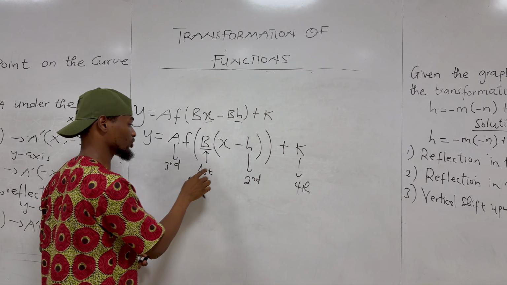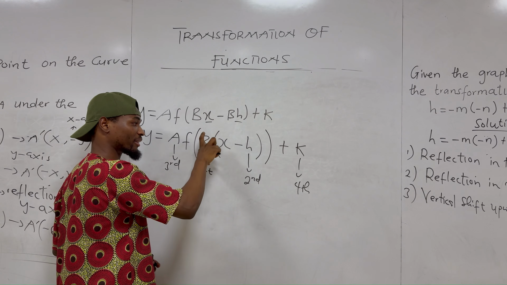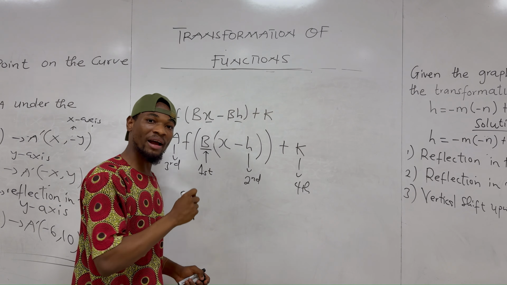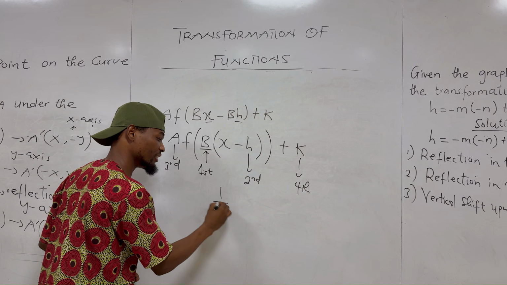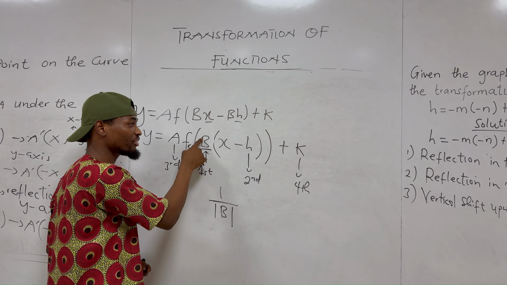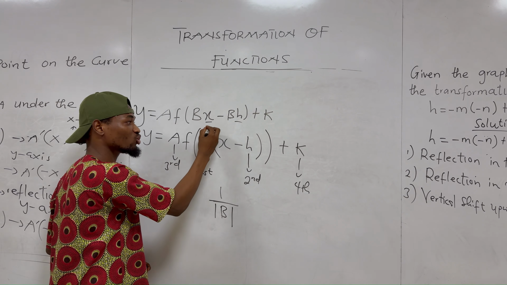All right. So first of all, because we are tackling b, you will find the scale factor for b. Okay, so we have something like this. The scale factor becomes 1 over the absolute value of b, always. So if b is 2, the scale factor becomes 1 over 2.